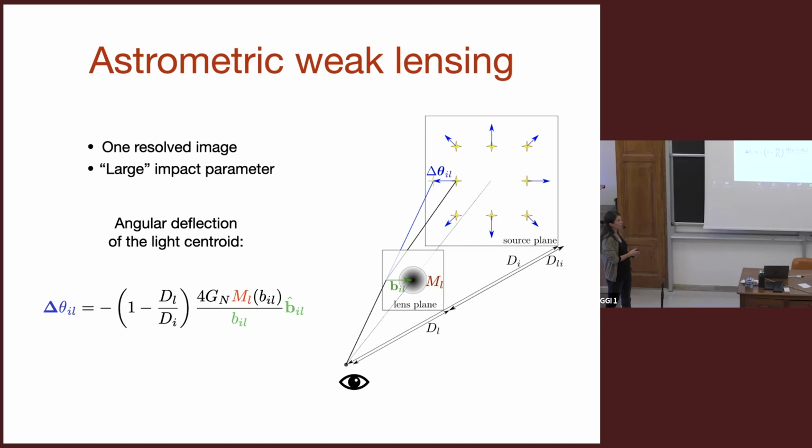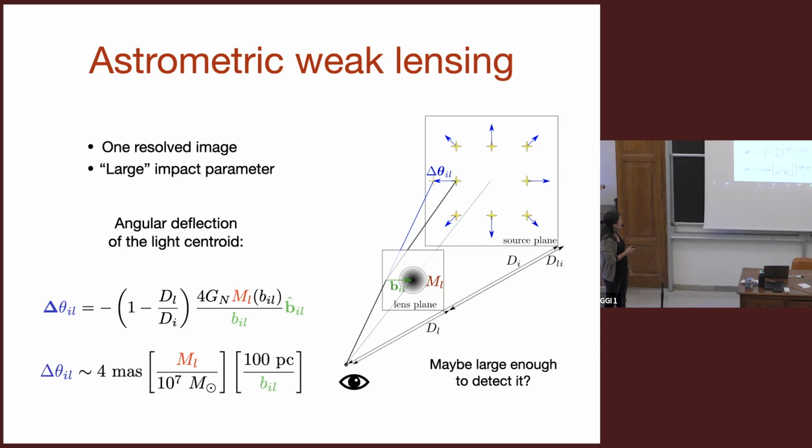So it's proportional to the lens mass enclosed within the impact parameter and inversely proportional to the impact parameter, which I'm denoting here by B. And it's just the distance of the closest approach between the light ray and the center of the lens. And if we plug in some numbers for a typical dark matter subhalo, we get that the angular deflection is of the order of a few milliarcseconds.